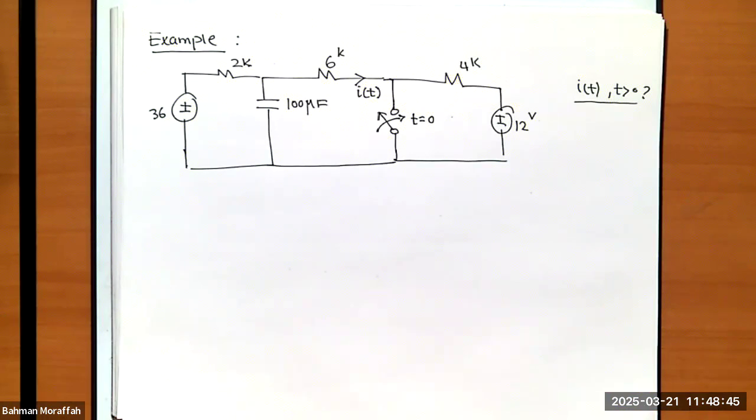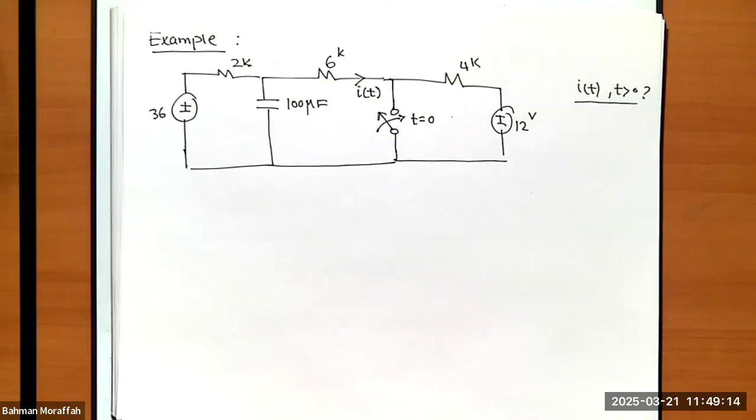Obviously, we can write a differential equation for voltage across this capacitor. Remember, we cannot write a differential equation for IT because it's not continuous. If we wanted to solve this using the differential equation method, we had to write a differential equation for voltage across the capacitor, solve for all the constants, and then find IT.